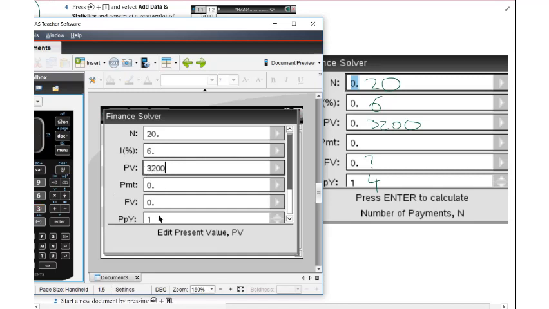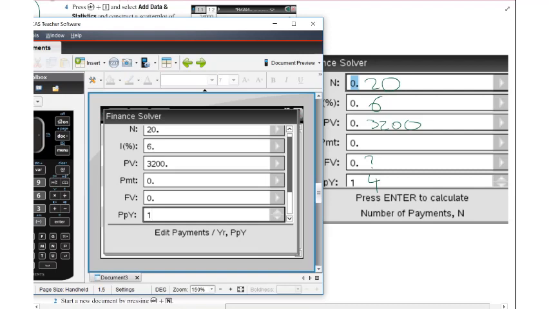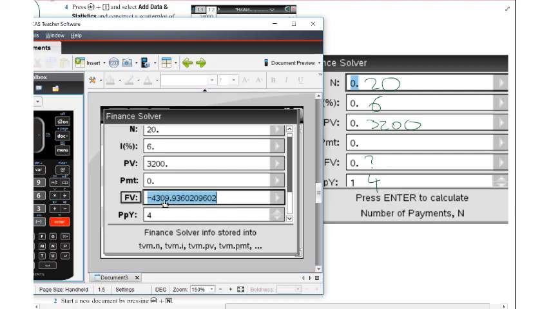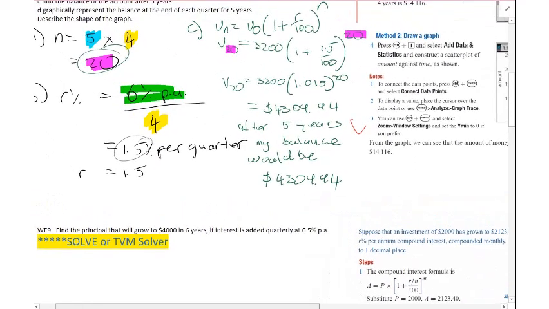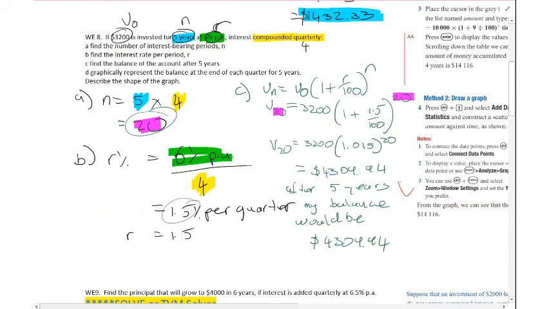We don't have any payments. We skip FV for a moment because we're going to come back to that. Our payments per year are 4. And this is where we press enter. When we press enter, that's what we're calculating. We'll get to the negative stuff later, so don't worry about that for the moment, but we can see that it's 4309. And that's what we had here. So you can use Finance Solver as well for questions where it's asking you to do that.